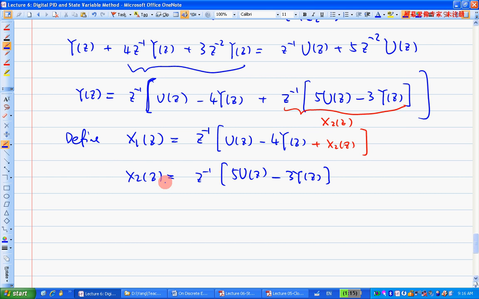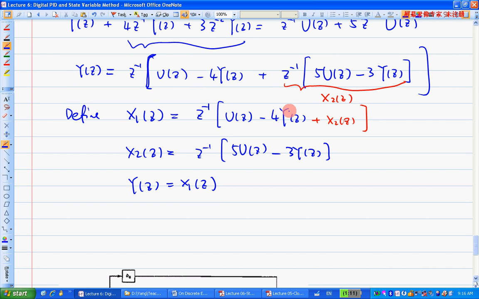And what will be the output? This y of z will equal to what? x1 of z, right? So I can replace this y of z here with x1 of z. That makes sense? And this z to the power of negative 1, if you move that to the right, it will become z there.